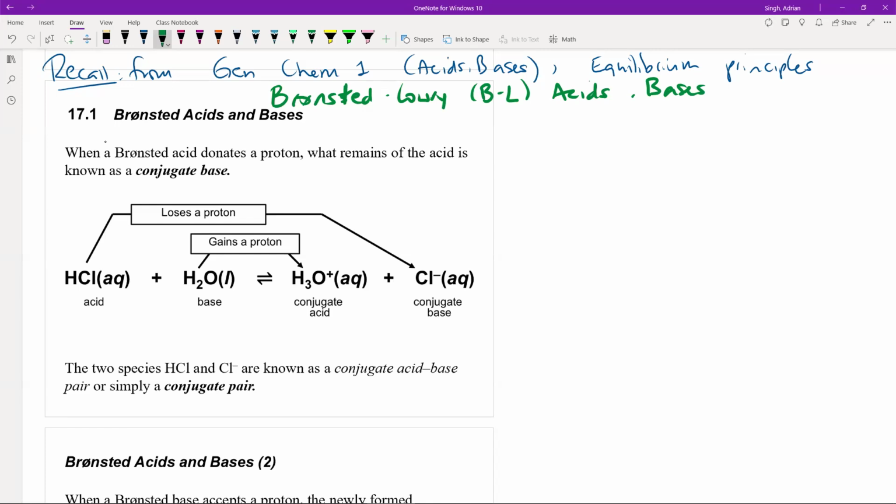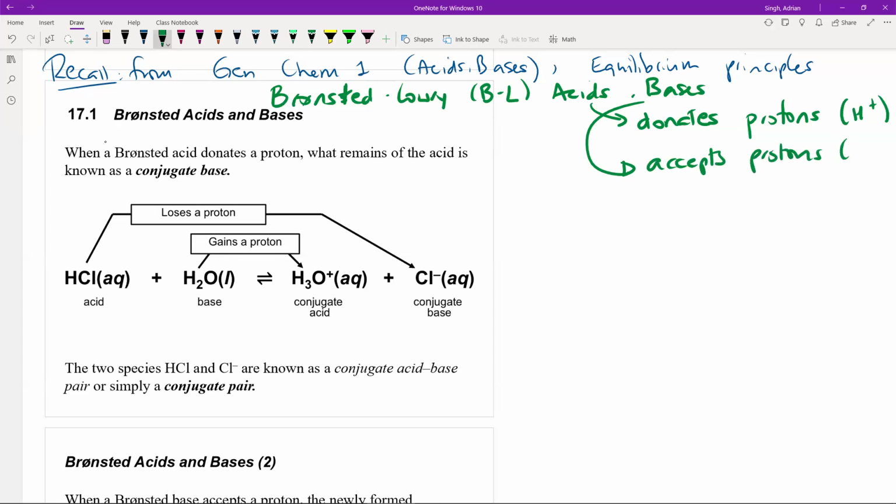Okay, so a Bronsted-Lowry acid is a species that is able to donate protons. So the proton is just another word for H plus ion, whereas a base is something that does the opposite. It's able to accept one or more protons. Okay, so in other words, a Bronsted acid is a proton donor, a Bronsted base is a proton acceptor.